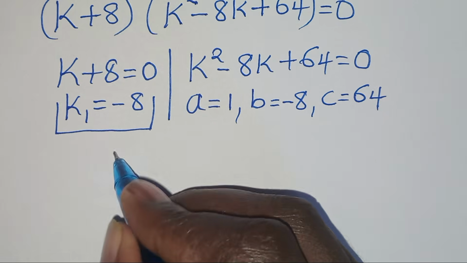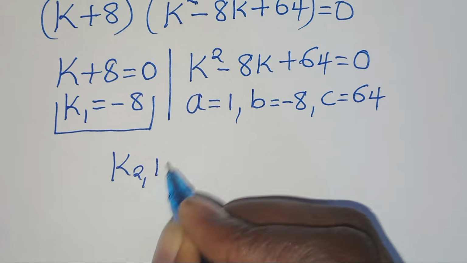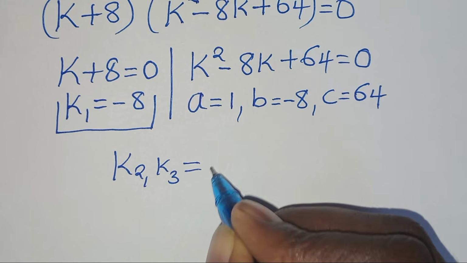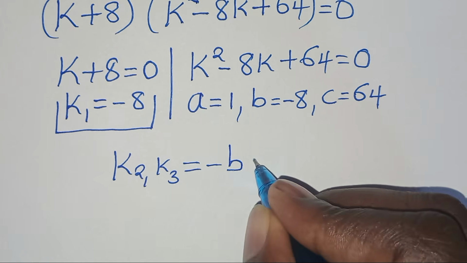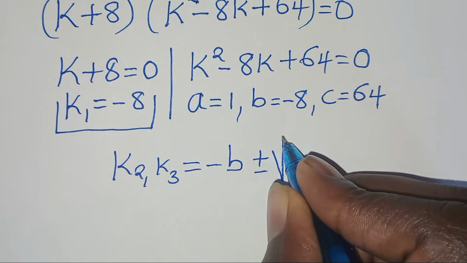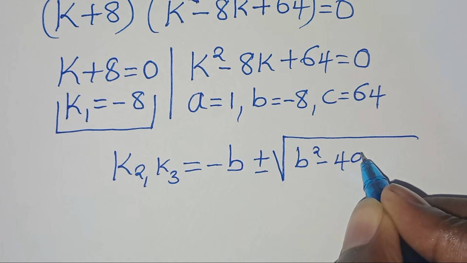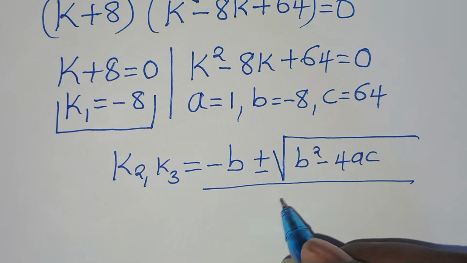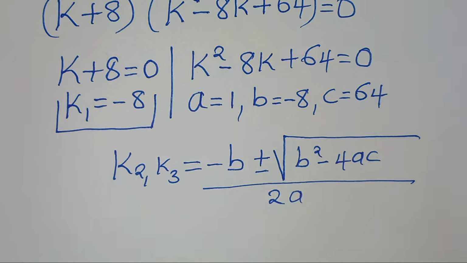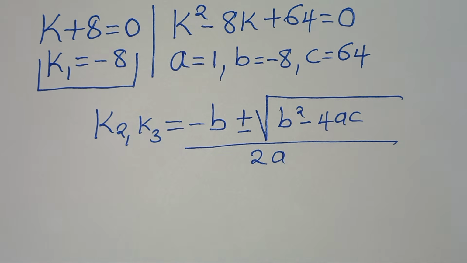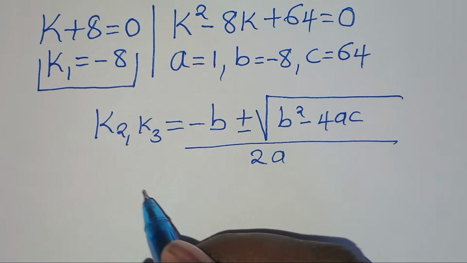So we can solve for k2, k3 by applying the quadratic formula here, which is negative b plus or minus the square root of b squared subtract 4ac, everything here divided by 2 times a. So let's substitute the values of a, b, and c into this formula.